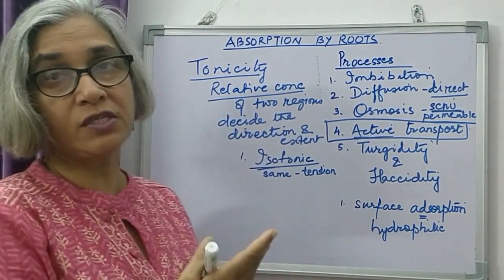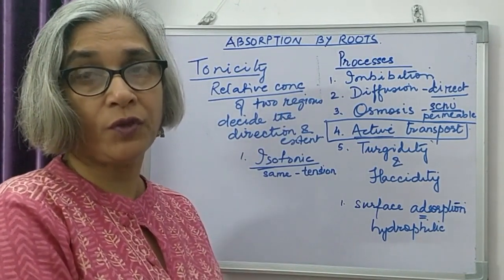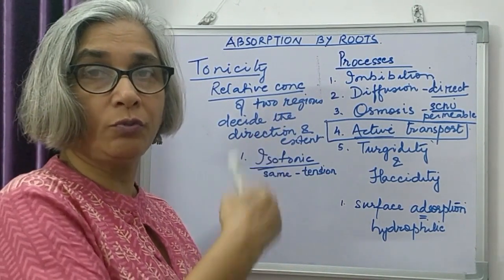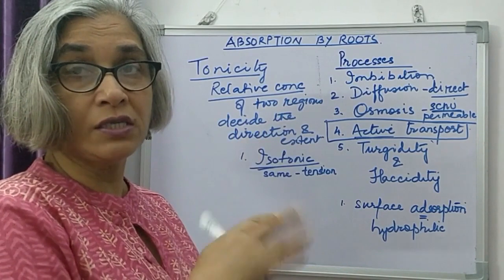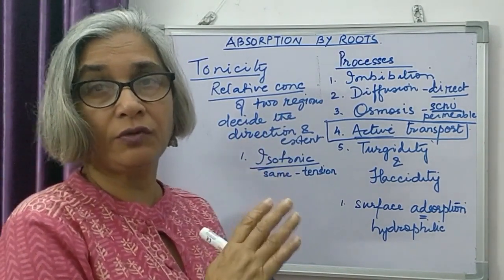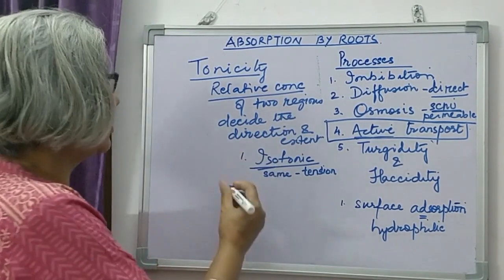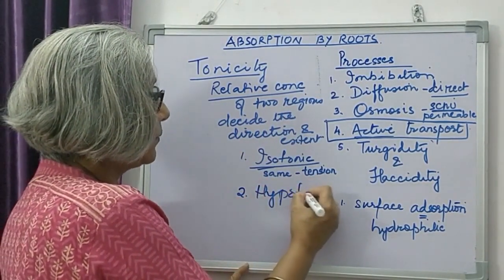So result of this will be no net movement of water molecules. No osmosis will occur. Water molecules will not move inside, water molecules will not move outside the cell, because concentration of water molecules and the solute is same on both sides of the membrane. This is isotonic. Second term is hypotonic.